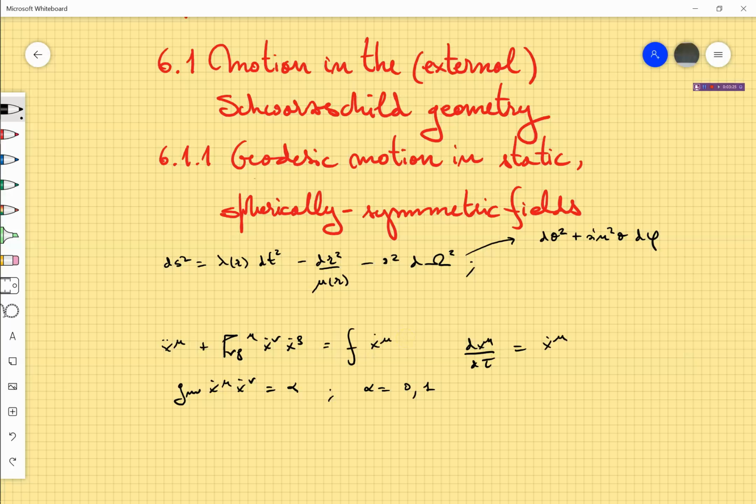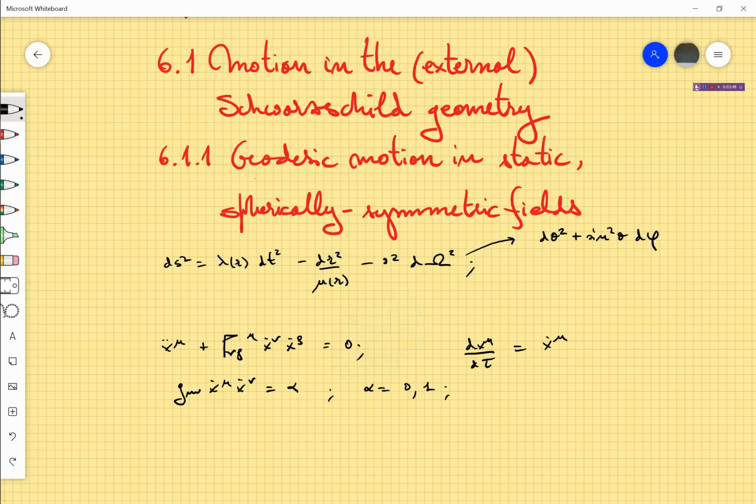But in that case we wouldn't know exactly what this f is. So in this case, we are going to use simply the proper time or affine parameter, and then later we will see how we can work with the coordinate time, because it is sometimes what you want.